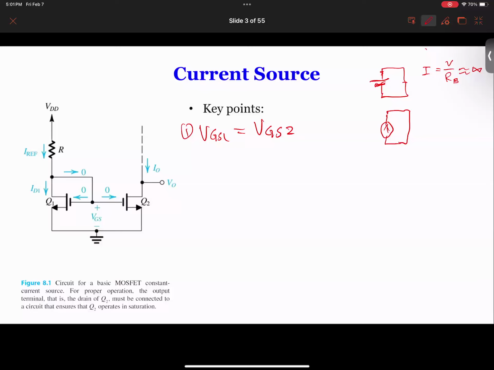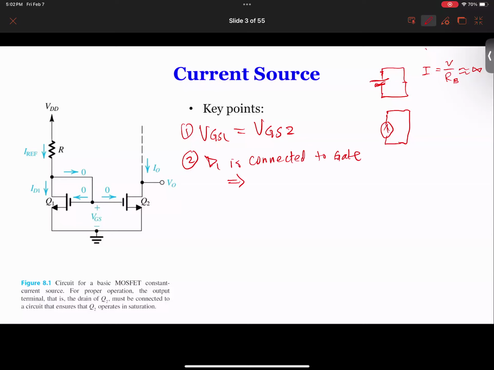So D1 is connected to the gate. Remember, if the drain is connected to the gate, what operation mode is this transistor going to be in?